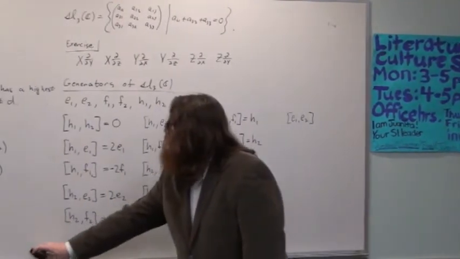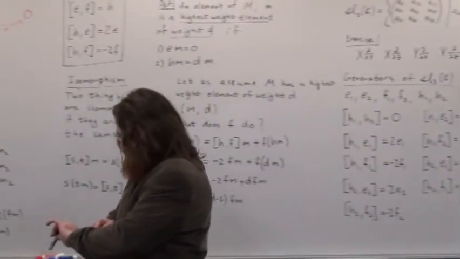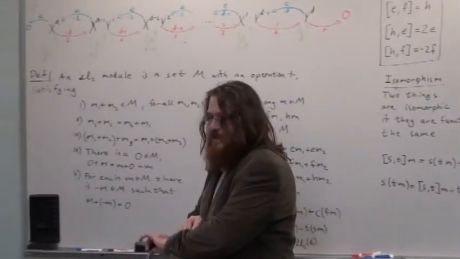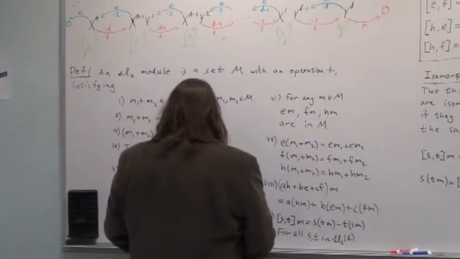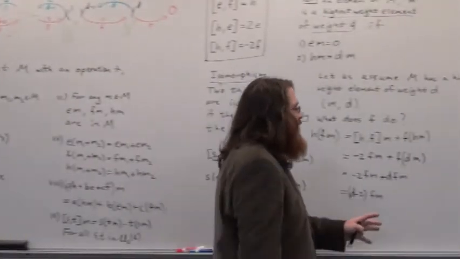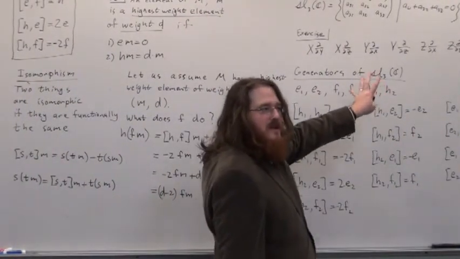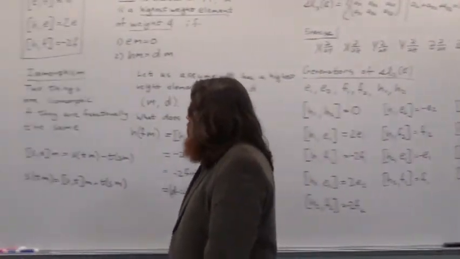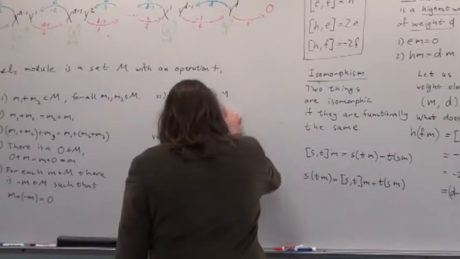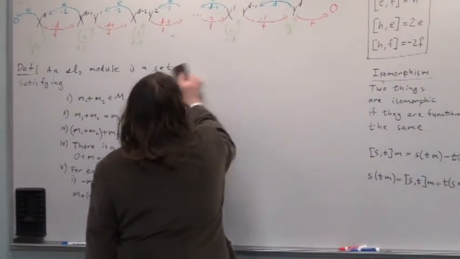So, how do I determine actions of SL3? Well, the big thing to realize is I have 2 H's now, and I have 2 things that are diagonal matrices. So what does it mean to be a highest weight vector for SL3 now?